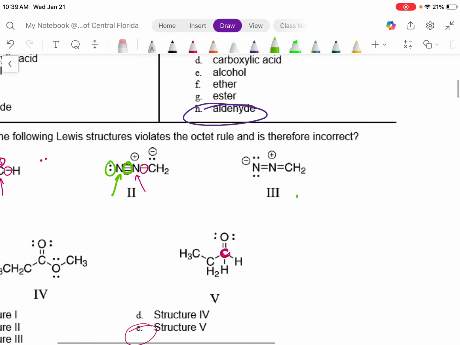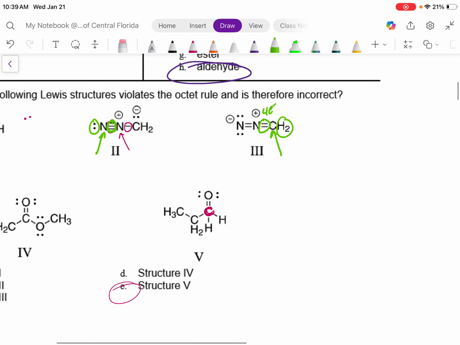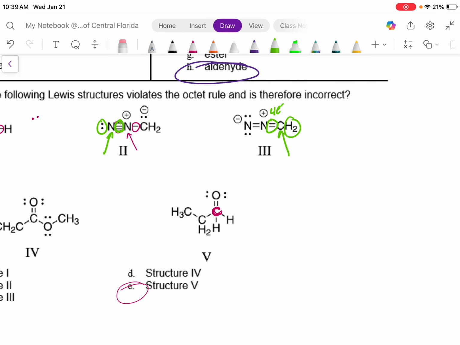Like if we look at that carbon, we have 2 bonds right there, so that's 4 electrons. And then 2 other bonds right there, so there's another 4 electrons, so 8, and so forth. So you can also have carbocations that look like this, and that carbon in the center, right there, how many electrons are around it?